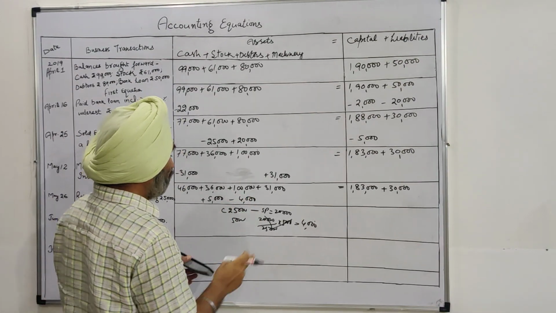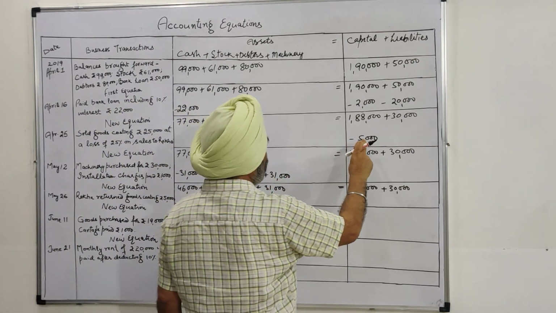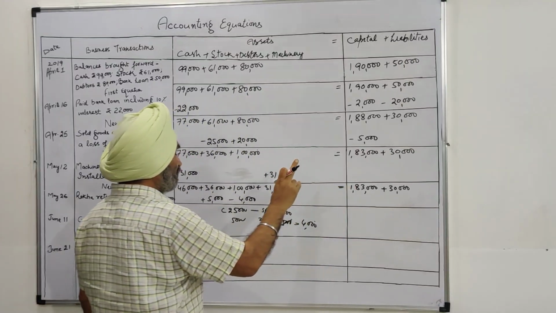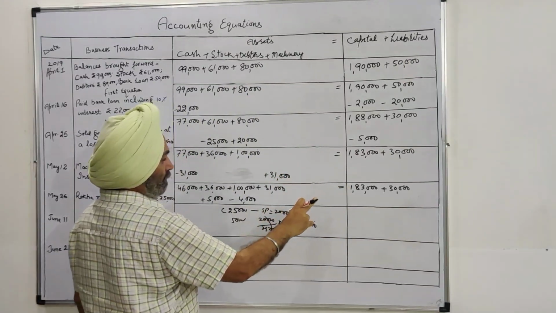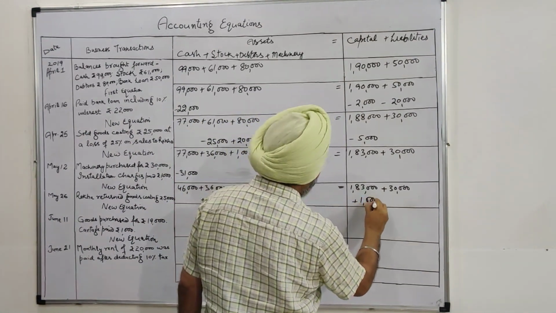So 1,000 loss which we had suffered, that loss will be cancelled here, which will be 1,000.